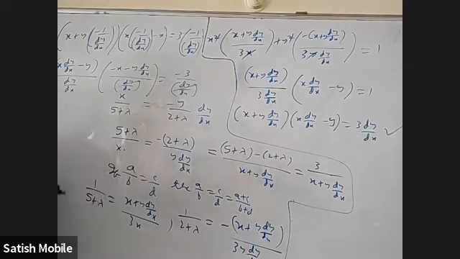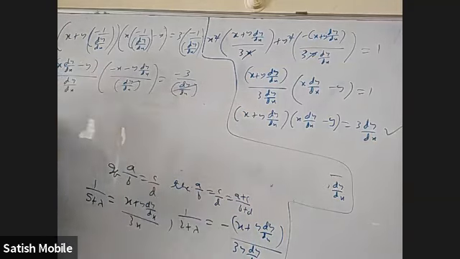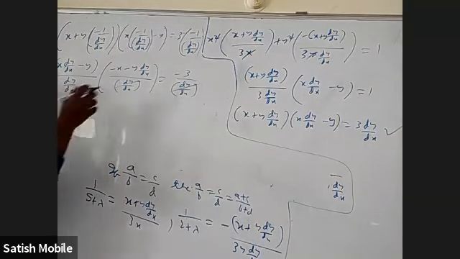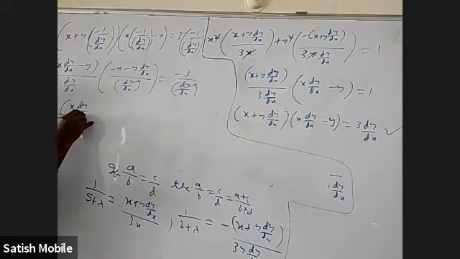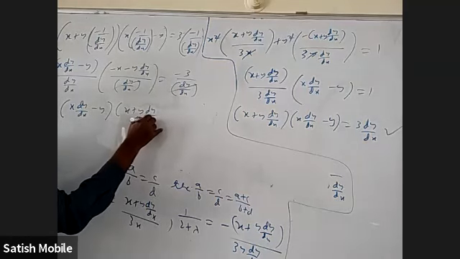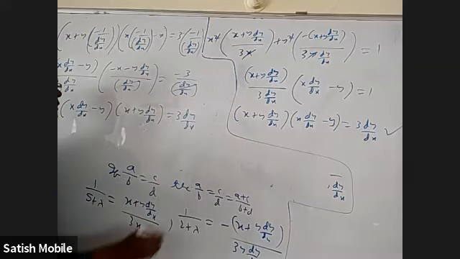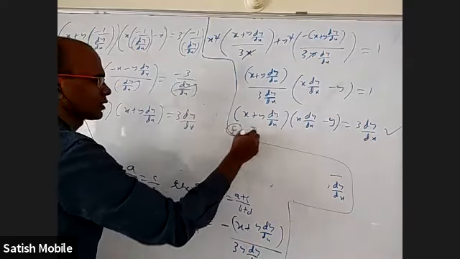The dy by dx I can cancel, send this dy by dx here, take minus common and cancel. I will get (x dy by dx minus y) into (x plus y dy by dx) is equal to 3 dy by dx. Okay, this is the original family's differential equation.